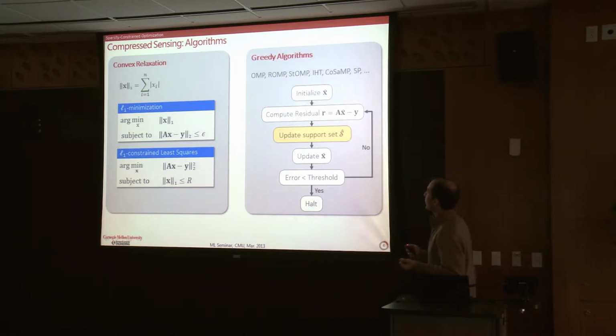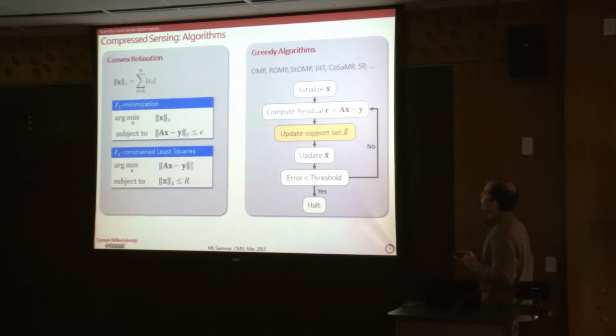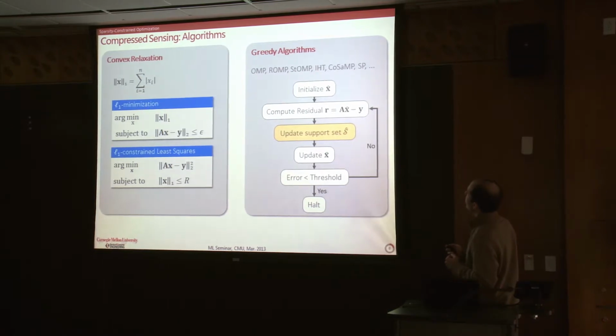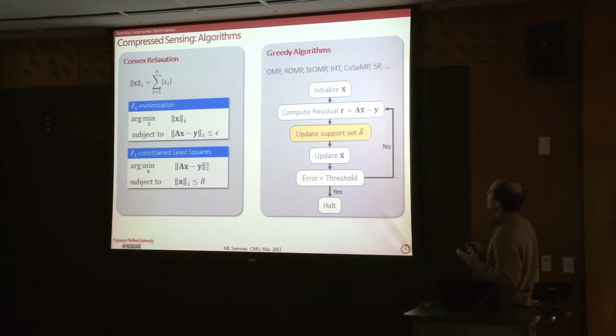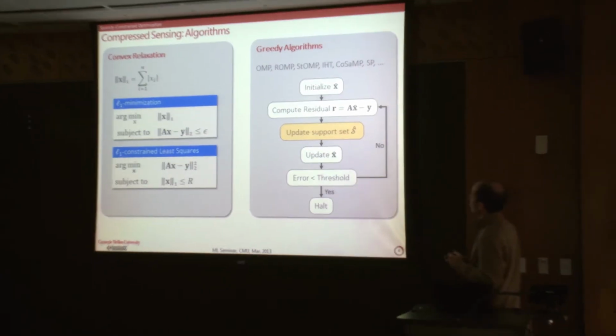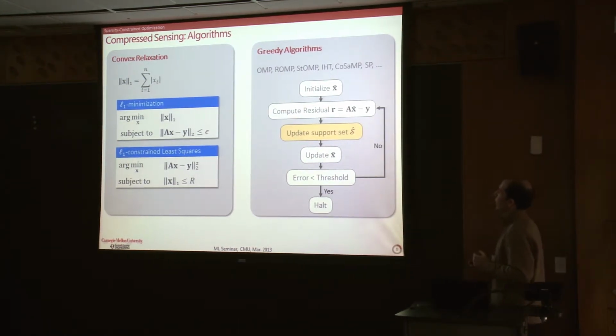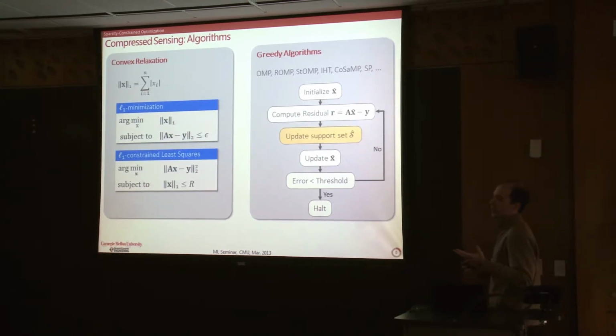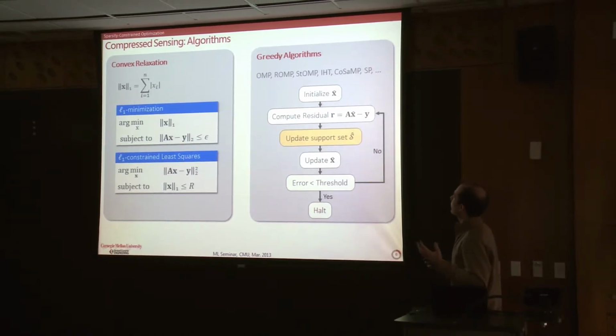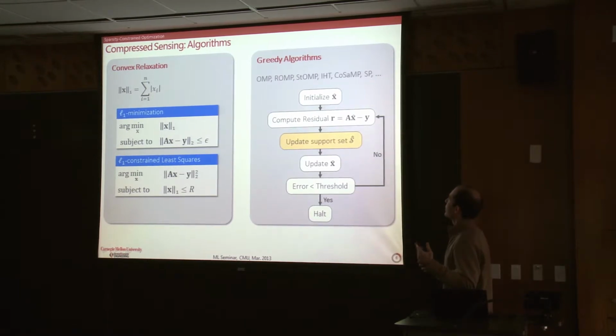For greedy algorithms, there are many proposed, like orthogonal matching pursuit, regularized orthogonal matching pursuit, compressive sampling matching pursuit, subspace pursuit, and so on. They have this general theme: you initialize your estimate at some point, usually at 0.